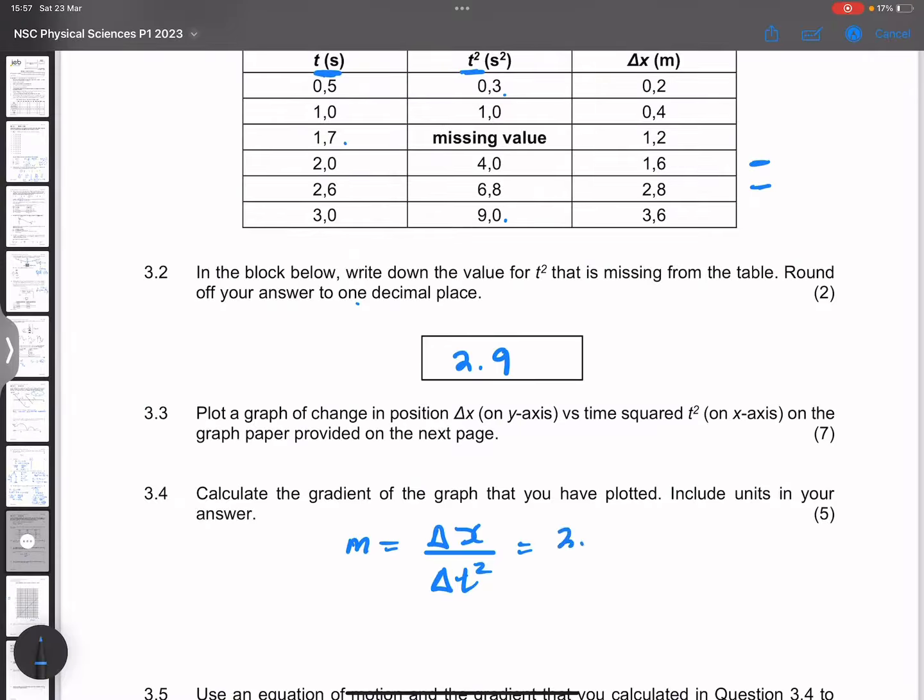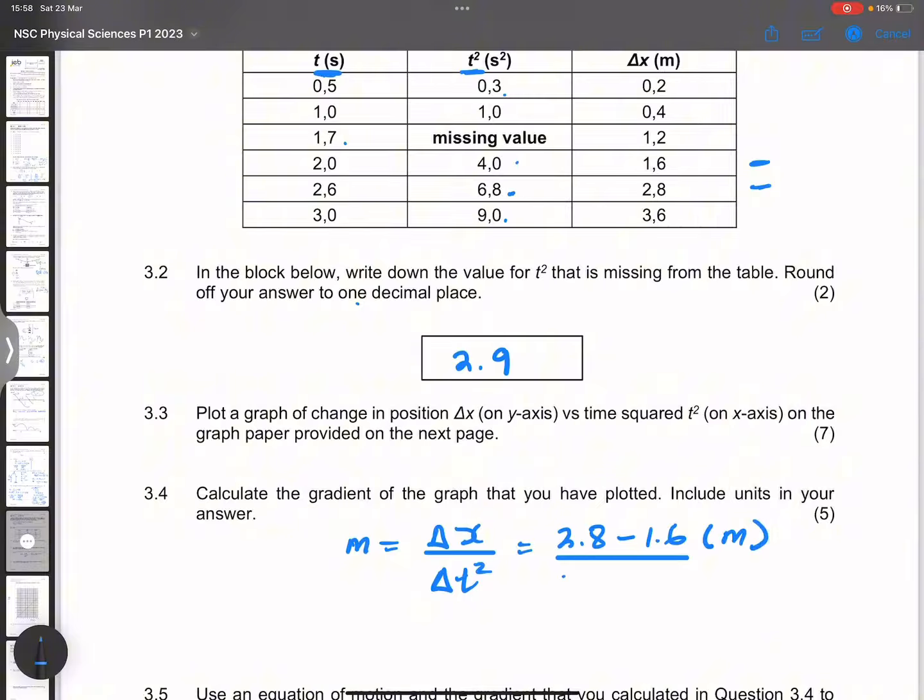That's going to be 2.8 minus 1.6 divided by, now please remember they said we take the SI units as well, so that would be meters, divided by 6.8 minus 4.